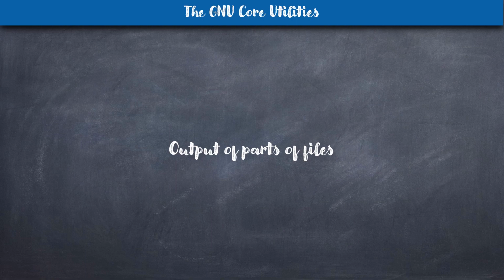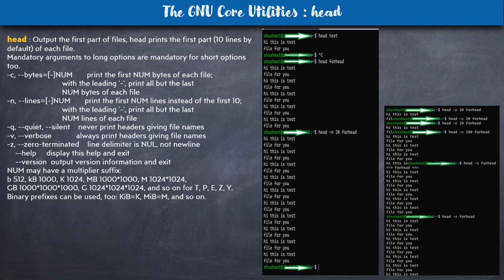In that series, we have a head command. Basically this head command outputs the first part of files. Head prints by default 10 lines. If you do head on any file, it will output the first 10 lines of that file.